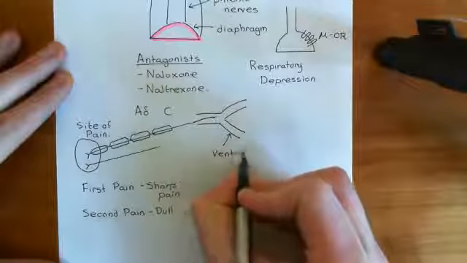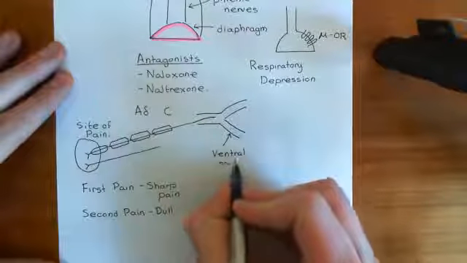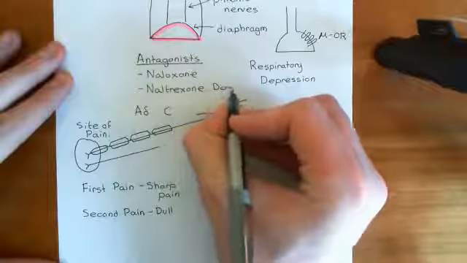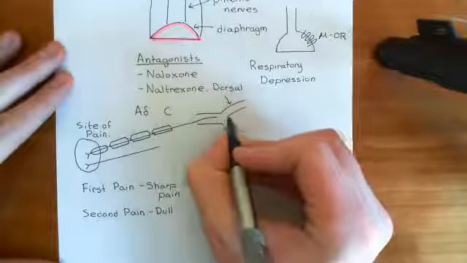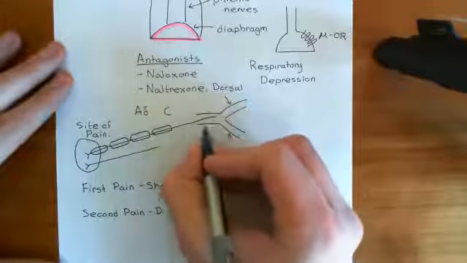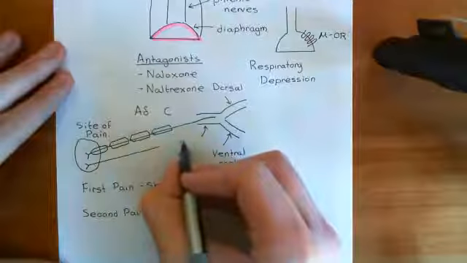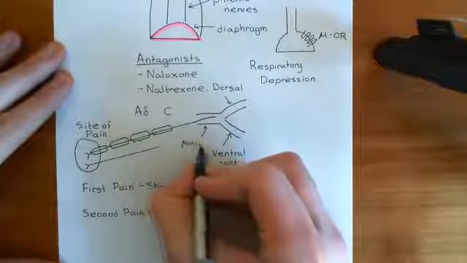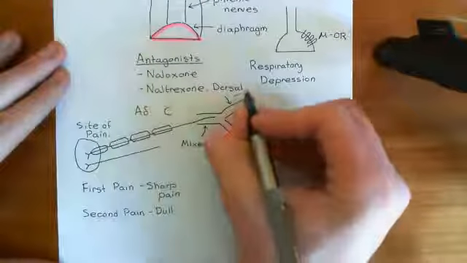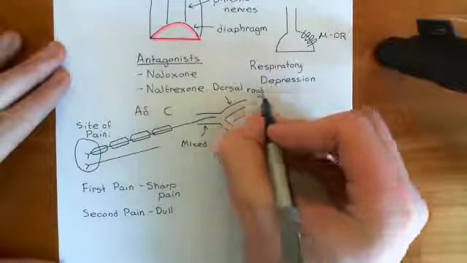So this is the ventral root, and this is the dorsal root. Spinal nerves emerge from the spinal cord, and this is the mixed spinal nerve here. They are formed by the joining of the dorsal root with the ventral root.